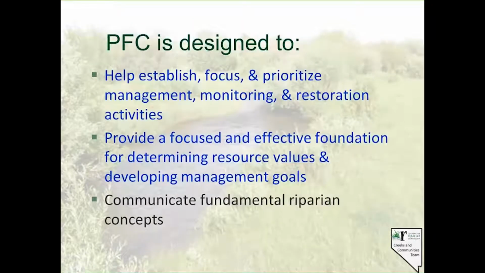When you do that, it helps establish, focus, and prioritize management and monitoring and restoration activities, provides a focus and effective foundation for determining resource values and developing management goals to communicate fundamental riparian concepts.